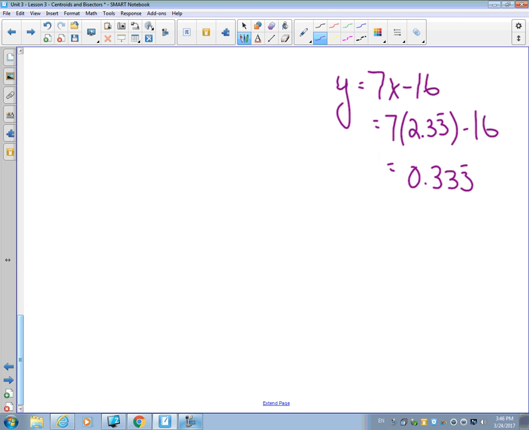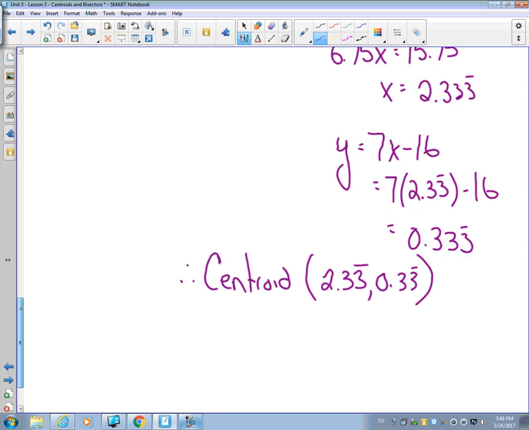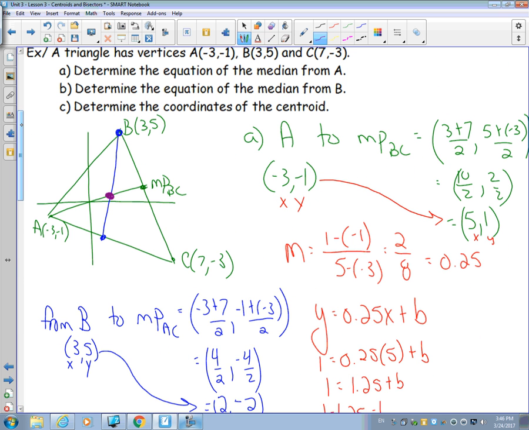So where is that centroid? That centroid, that point of intersection, is at 2.33 repeating and 0.333 repeating. Which, if I look at my graph, 2 1/3, that's over to the right a little bit, and up 1/3, that actually looks pretty accurate in relation to my graph. I'm on the right track.